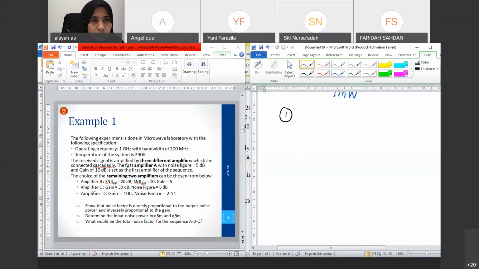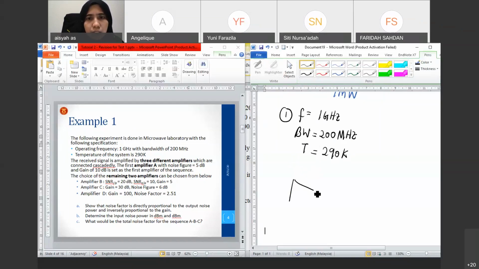So the given is F equal to 1 gigahertz, bandwidth equal to 200 megahertz, and temperature equal to 290 Kelvin. The received signal is amplified by 3 different amplifiers connected cascadely.